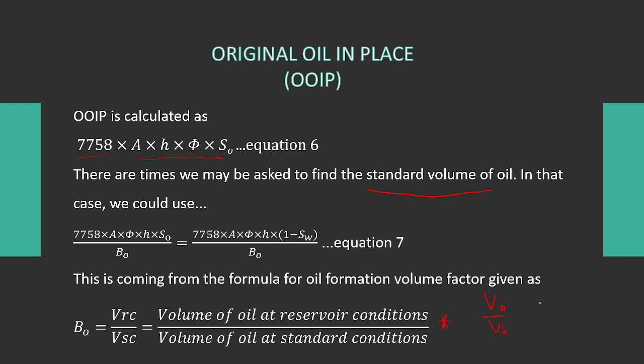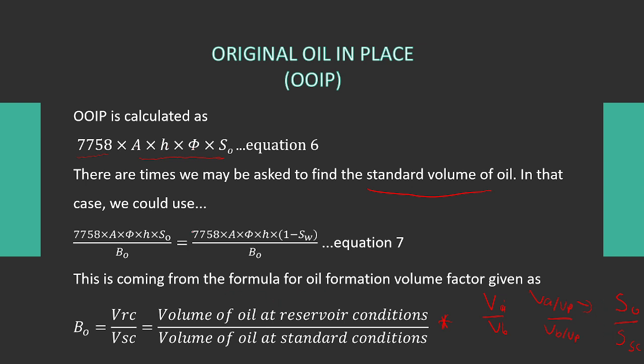But let's say it's still in the rock. If I divide VA over VP and VB over VP, what I'm going to get for this one is the saturation of the oil at the reservoir, and here I'll have the saturation of oil assuming the standard conditions, right?